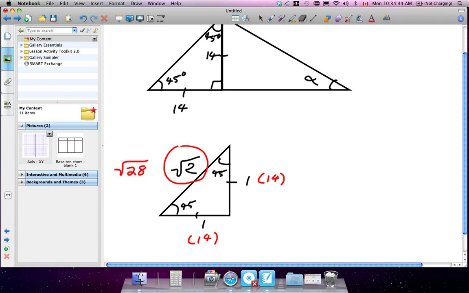Does that make sense, how I found that? Now, I'm assuming because you're using special triangles, she didn't want you to use Pythagorean's theorem to solve this. Because technically then they'd want an exact number. You'd get something like 5.3 something.